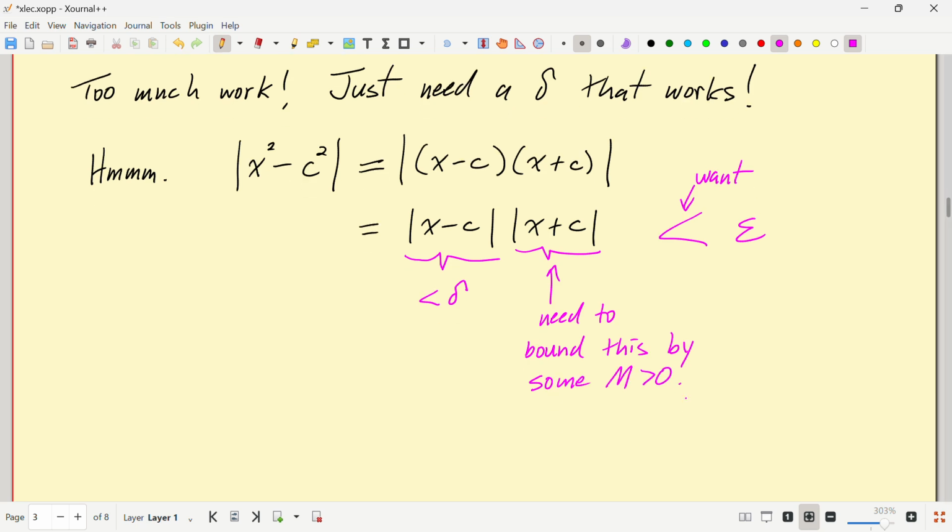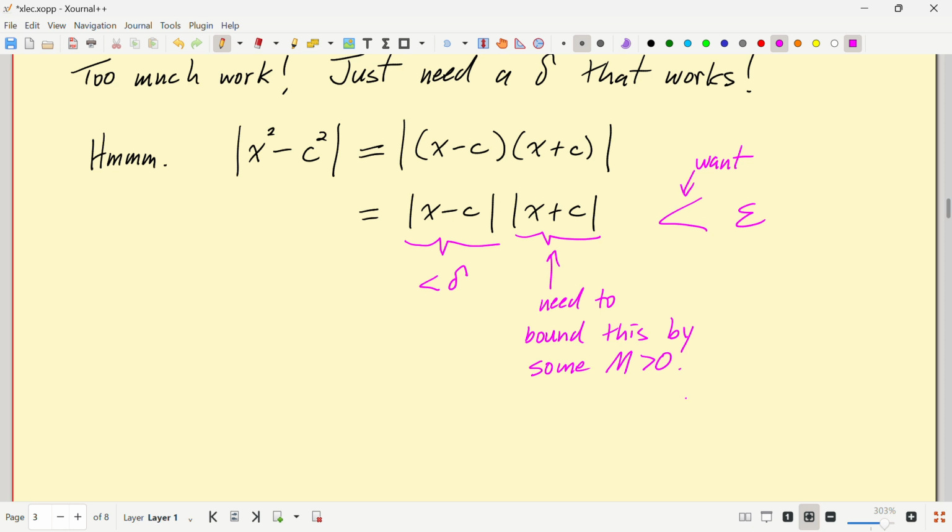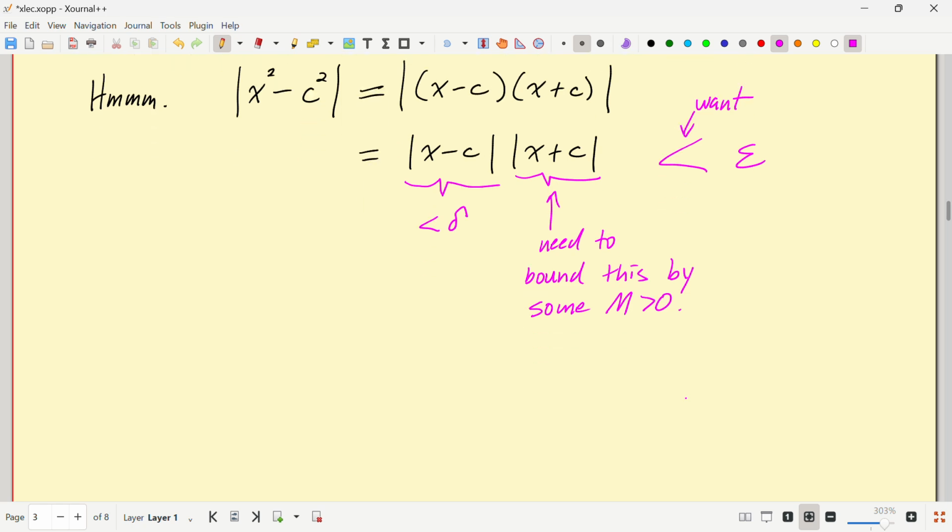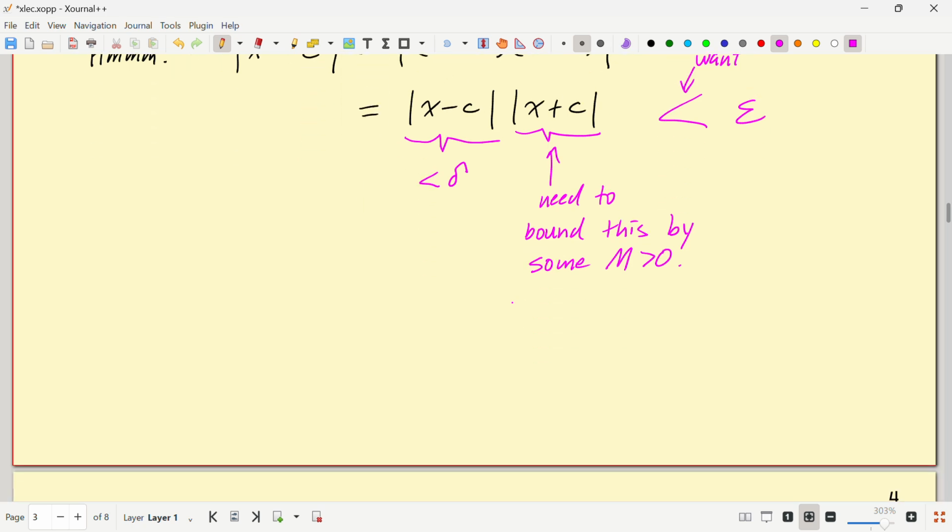If I could bound that, then delta equals epsilon over m would give me what I want.